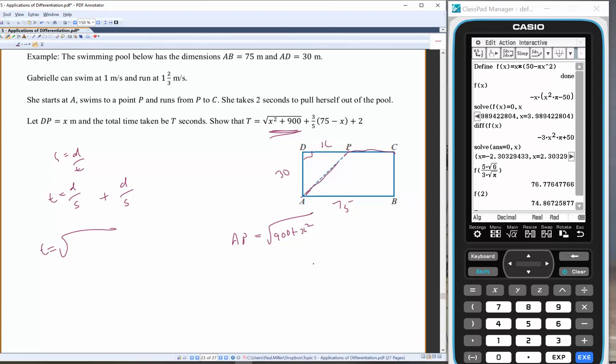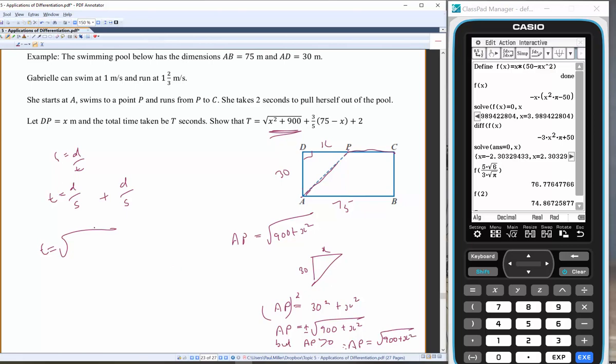I probably should do a bit more working to show that. So AP squared equals 30 squared plus x squared. AP equals plus or minus the square root of 900 plus x squared, but AP is greater than 0, therefore AP is equal to the square root of 900 plus x squared.